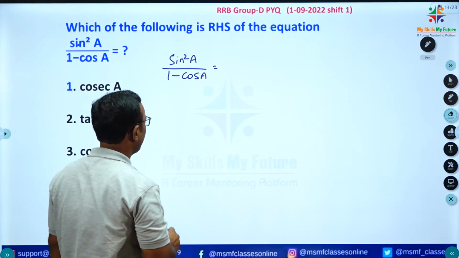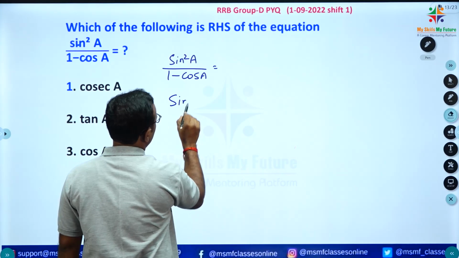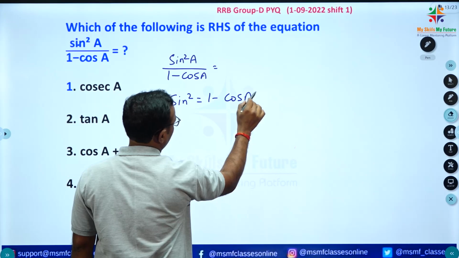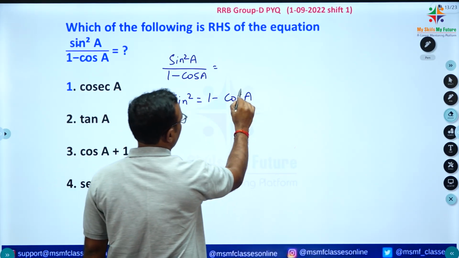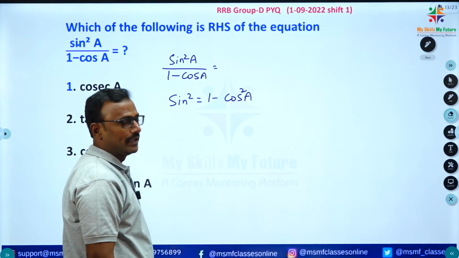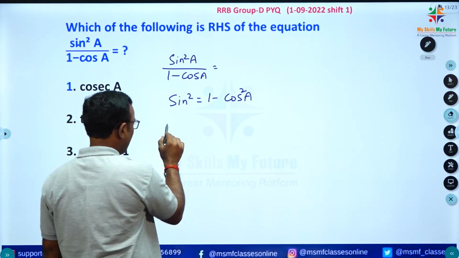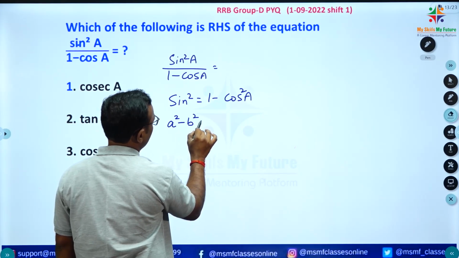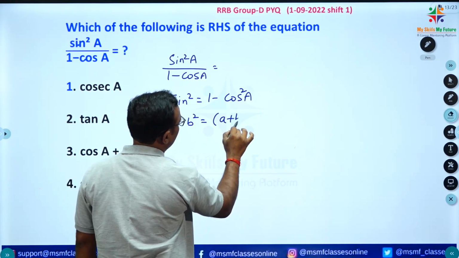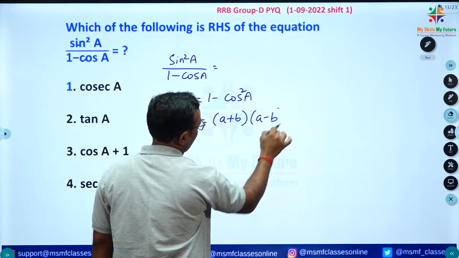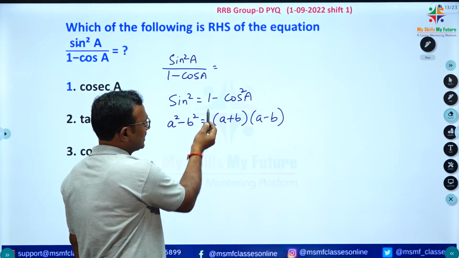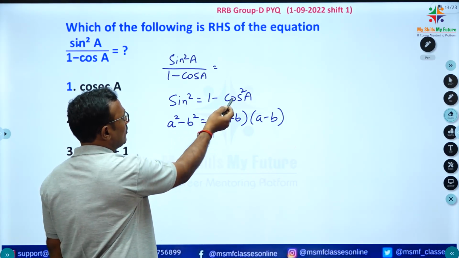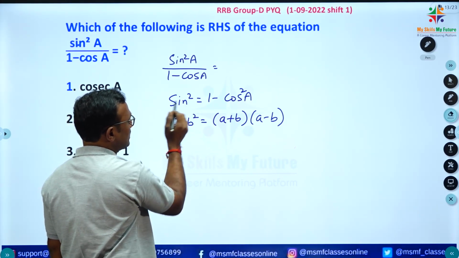Okay. So, we know sin square A is equal to 1 minus cos square A. We also know that A square minus B square is equal to A plus B into A minus B. So I am considering 1 square minus cos square A, where 1 is A square and cos square A is considered as B square.